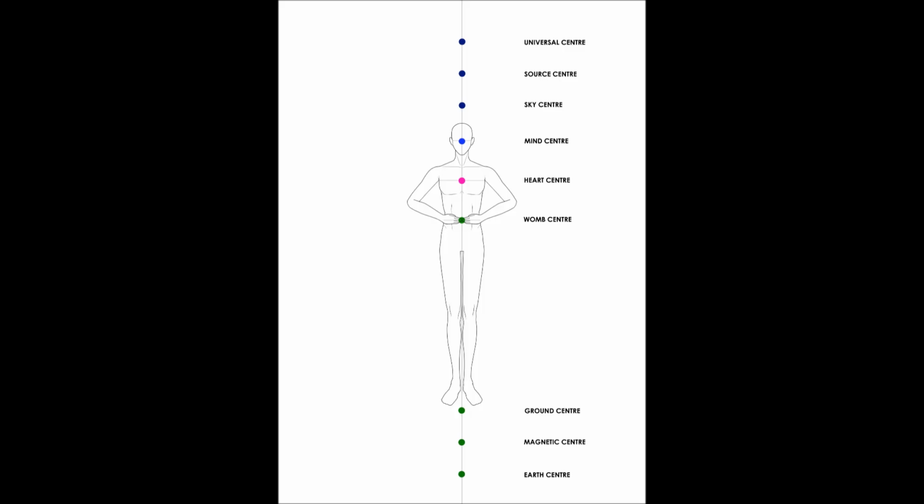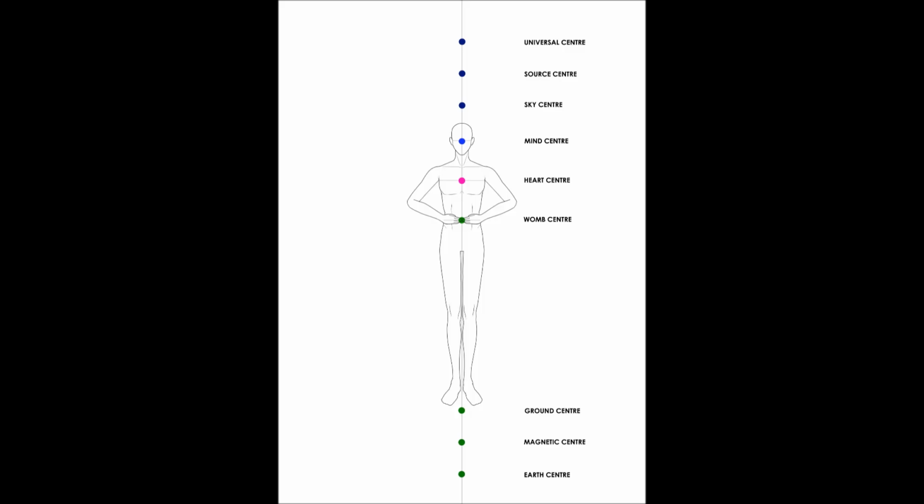I will now quickly go over the energy points that you will be visualizing today so that there's no confusion. Within the body, there are three main energetic points known as your mind center, heart center, and womb center. At the top of the body sits the mind center, which is situated within the center of the head.